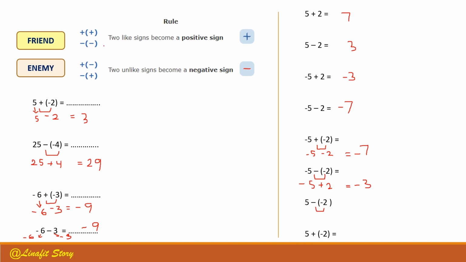If you meet your friend, the result is positive 2. So 5 plus 2 equals 7. And this one, 5 plus negative 2. You meet your enemy. Why? Because different sign. So this is negative 2. 5 minus 2 equals 3.